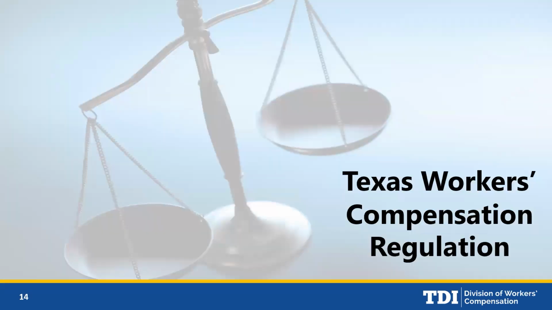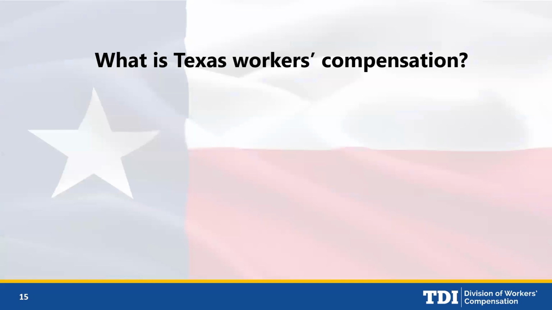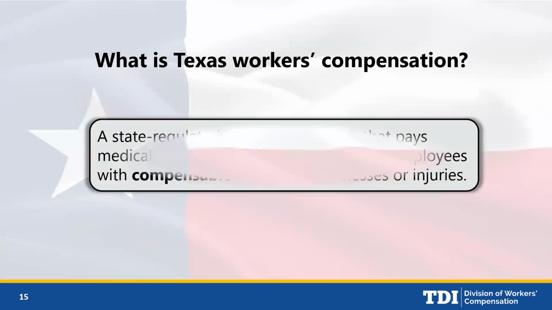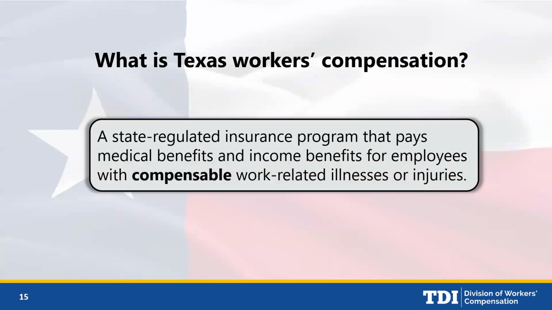Talk about regulations first. What is workers' compensation? Every state in the United States has their own regulation and own rules. So if you're looking at the rules in, say, Kentucky or California, they're not the same rules that occur in Texas. So workers' compensation policies that are written for Texas employers have our set of laws and rules. So it's a state-regulated insurance program.